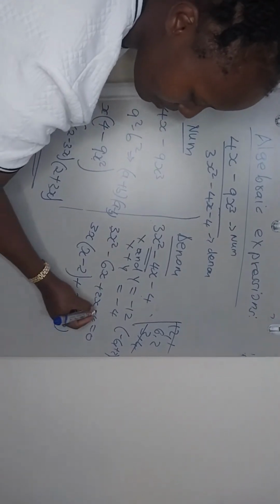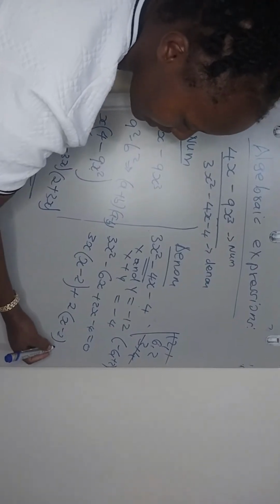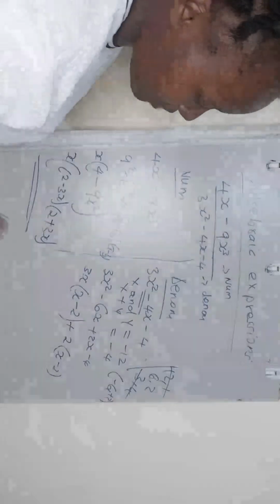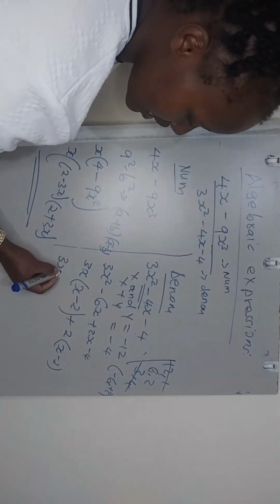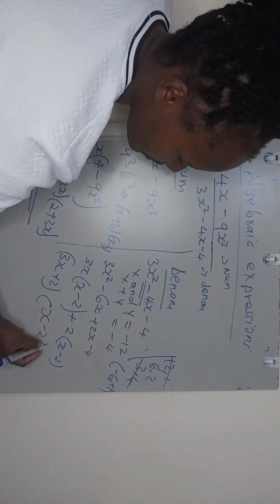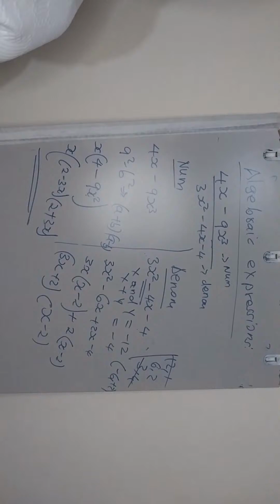Minus times minus gives plus, so it will be (3x plus 2) into (x minus 2).